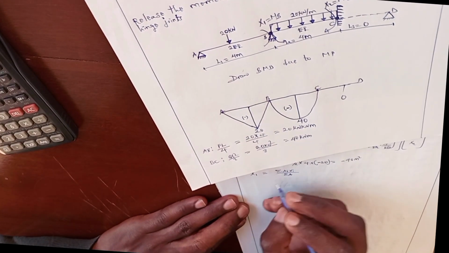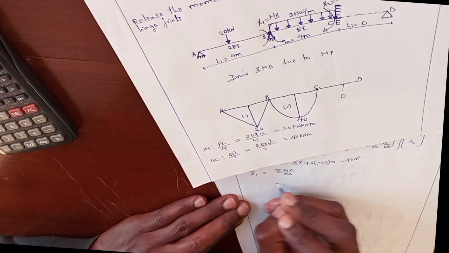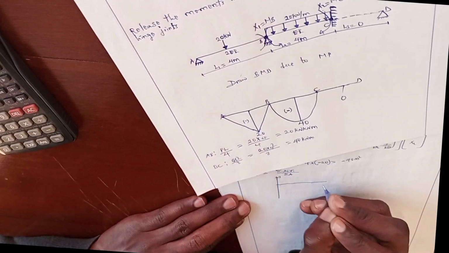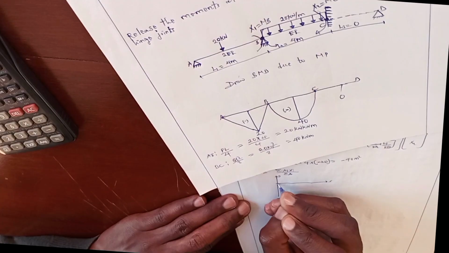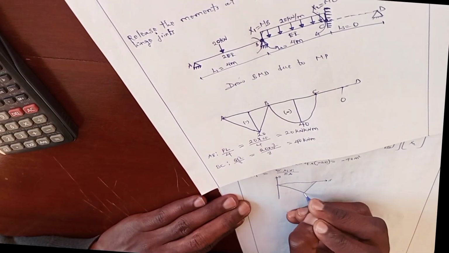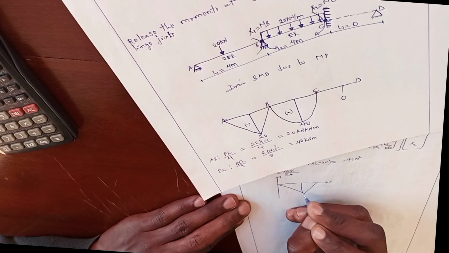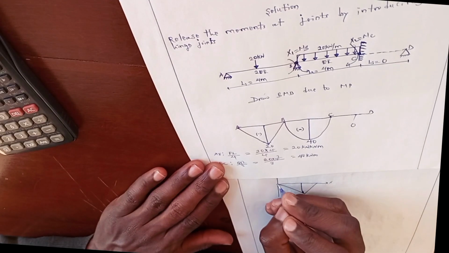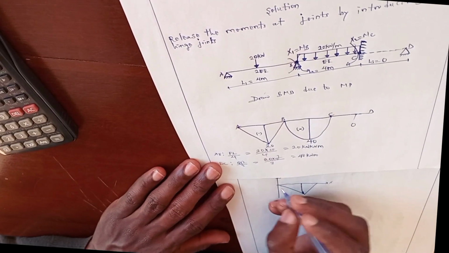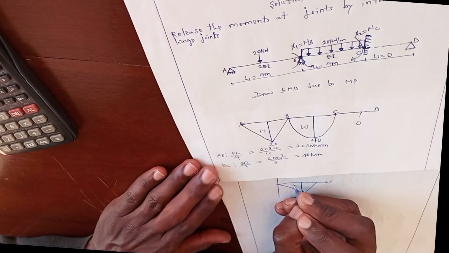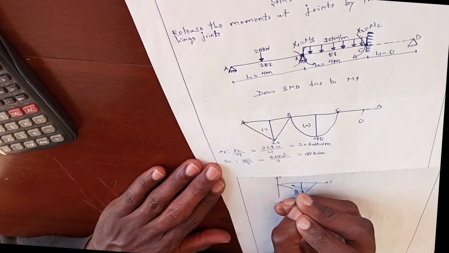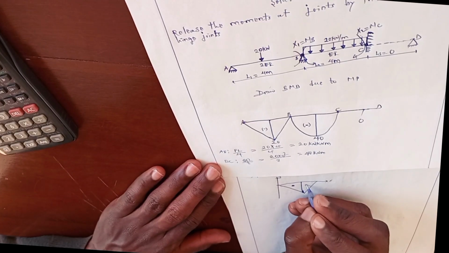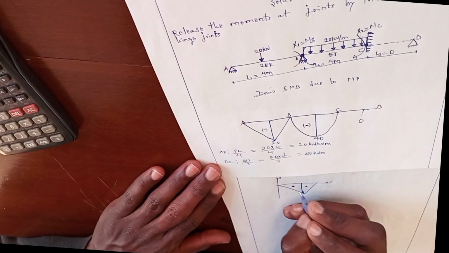Now, to obtain this centroid, it will be obtained in this way. This is the x-axis, this is the y-axis, and this is the triangle. This is the origin of this plane, and this is the center of gravity of this triangle.